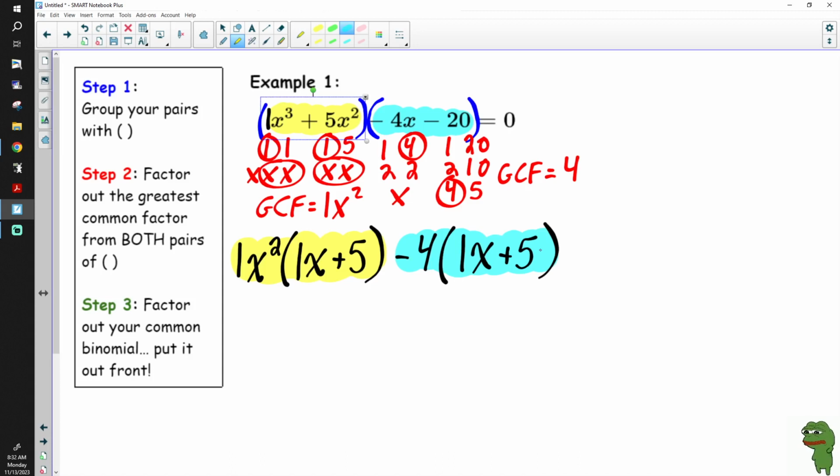So that's their GCF. And where do you put GCFs? Out in front. But we don't write 2 of them out front. Just like here, we only divided out a 1x squared, but we didn't write 2 1x squareds out front. Their greatest common factor is this 1x plus 5, so that goes out in front.